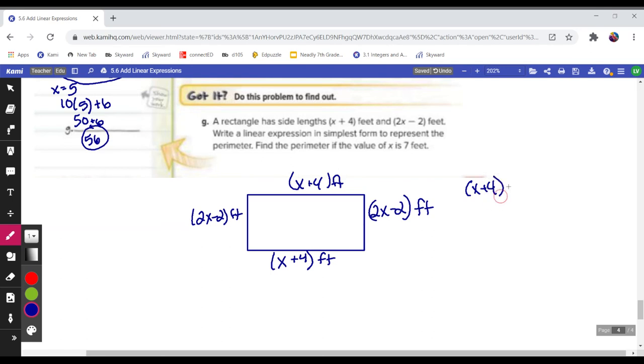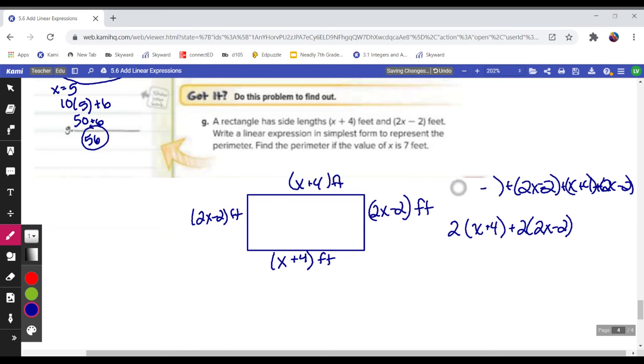The quantity x plus 4 plus the quantity 2x minus 2 plus the quantity x plus 4 plus the quantity 2x minus 2. Well, that's one way to write it. I'm going to write it shorthand. 2 times quantity x plus 4 plus 2 times quantity 2x minus 2. And that's just indicating that there are two sides for each of these.